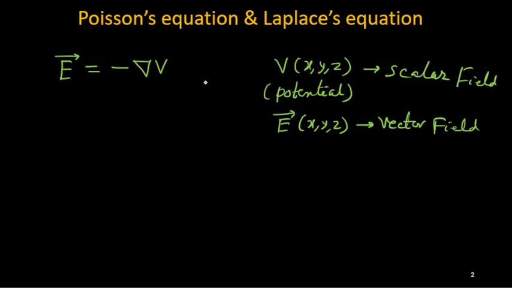They are related by this thing. So if you take the gradient of a scalar field, we get a vector field, and that is E equals minus grad of V.